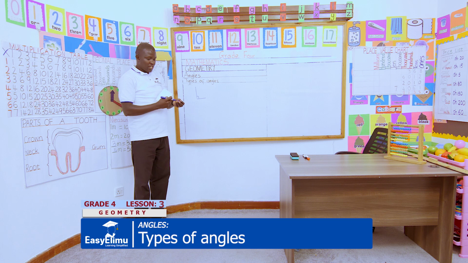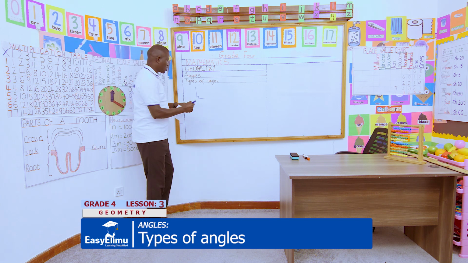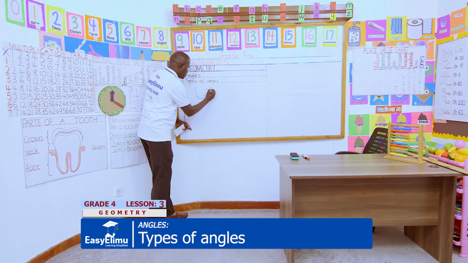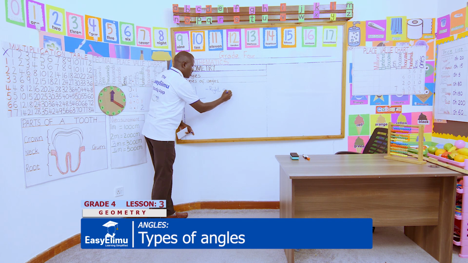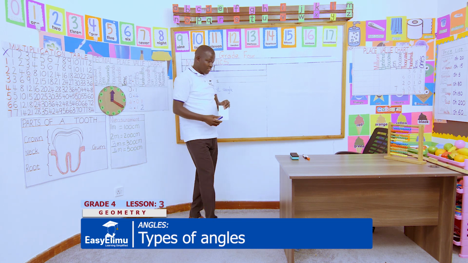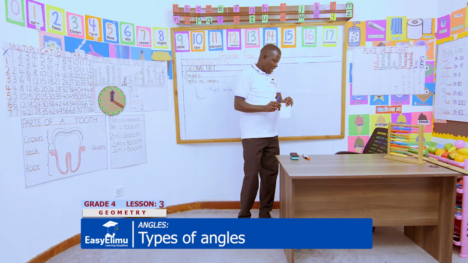The angle formed by this is called right angle. This is our first type of angle.